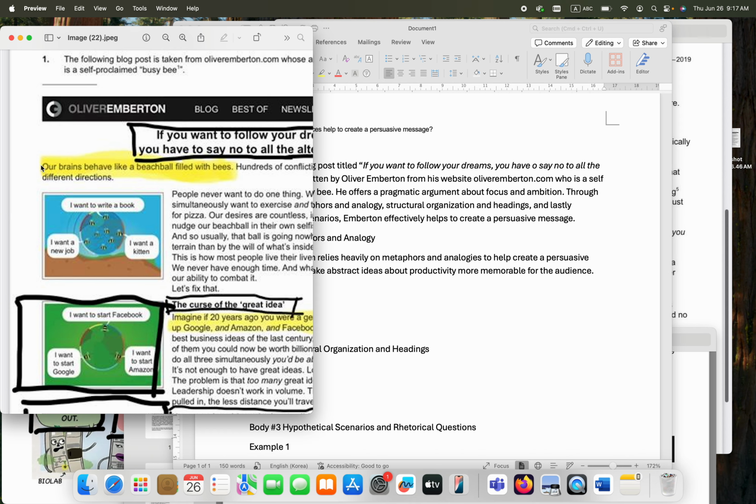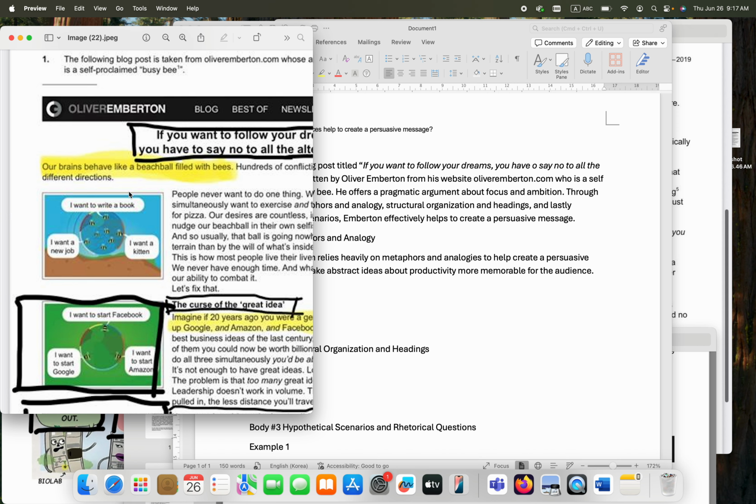So how does this first sentence show metaphors? Well, it helps encapsulate the core message or the central theme. If you read through it, we can see that the bees represent numerous competing desires, while the beach ball is a metaphor for the mind.